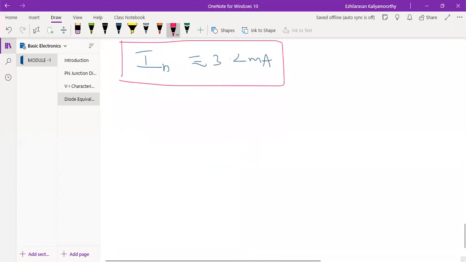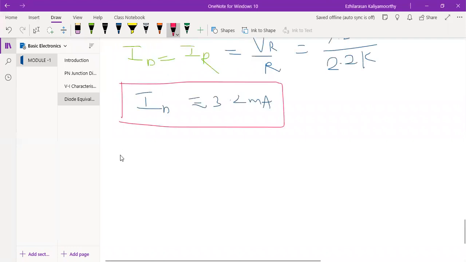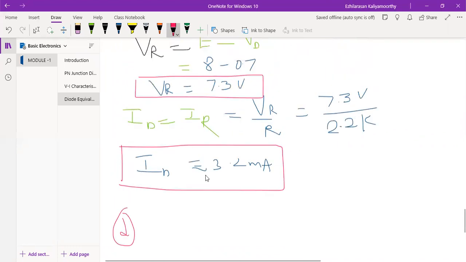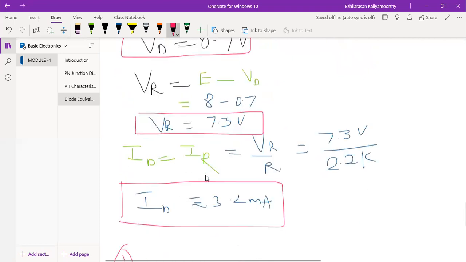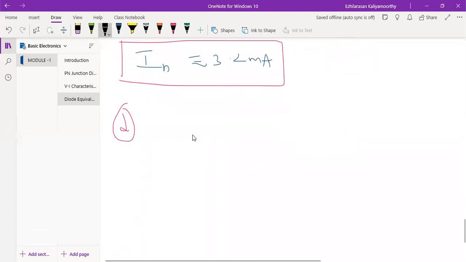Now I will put a question to you, the same question. Repeat the above example when the diode is reverse biased. What will be the answer? What will be your answer now? So I'll go for a second question here. Okay. Second question. I will draw the diagram.